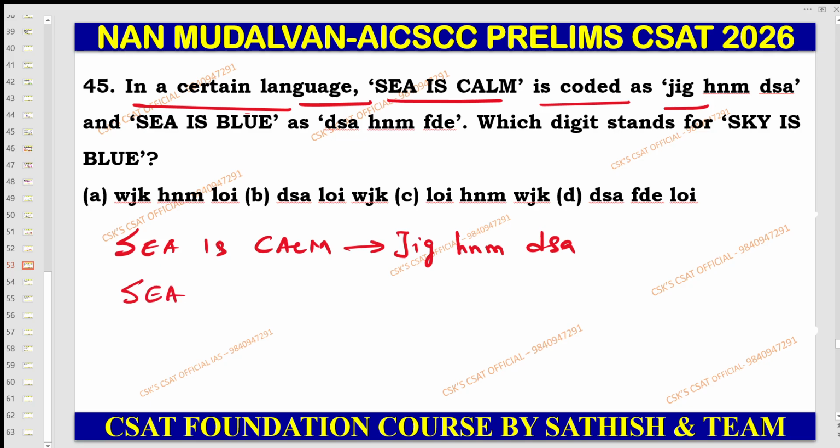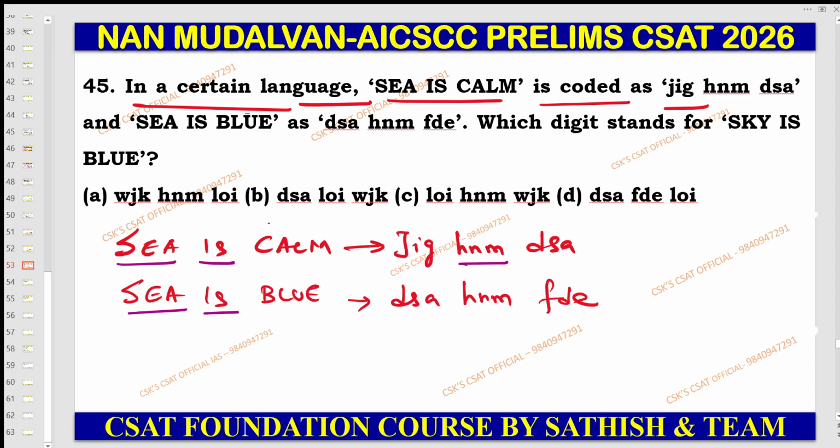Now the C is blue, DSA HNM FDE. Now focus here. C is common. Similarly, HNM DSA, HNM common. By comparing this, comp becomes jig, blue becomes FDE.